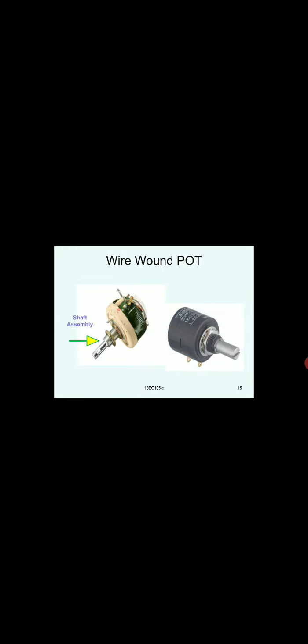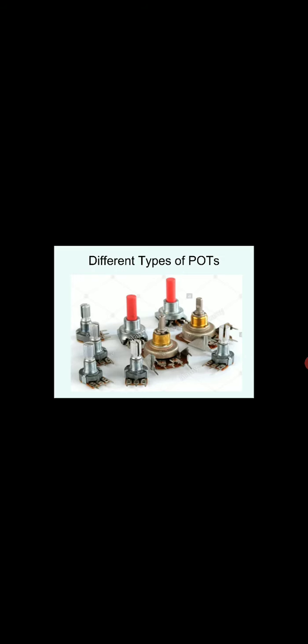So a completed fully assembled pot for use will look like this one, that is on your right side, and on the bottom you can see the lugs you call, or the terminals to make the connections out into the circuit. So these are some of the pots which are commonly available in the market and which are used rather.